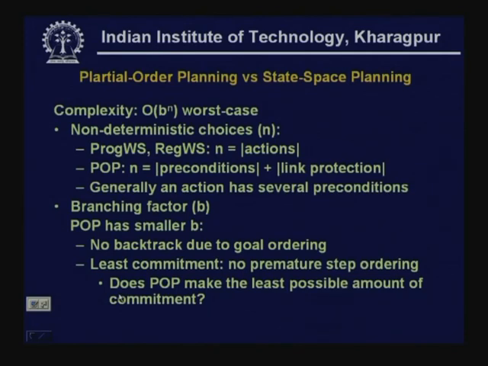Now, in summary, if we compare partial order planning versus state space planning, the complexity of a search problem is O(b to the power n) in the worst case, where b is the branching factor, and we have non-deterministic choices. In progression planning and regression planning, n is the size of the plan, the number of actions in the plan.